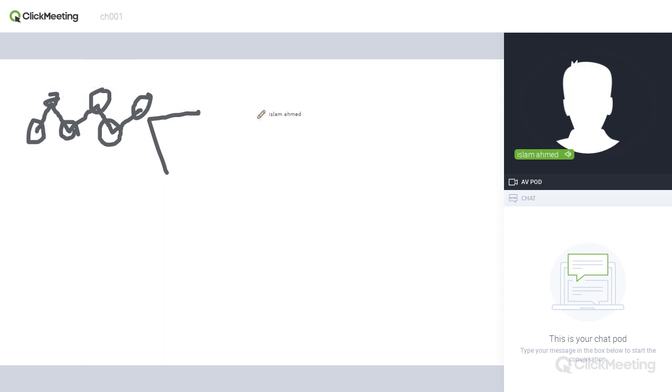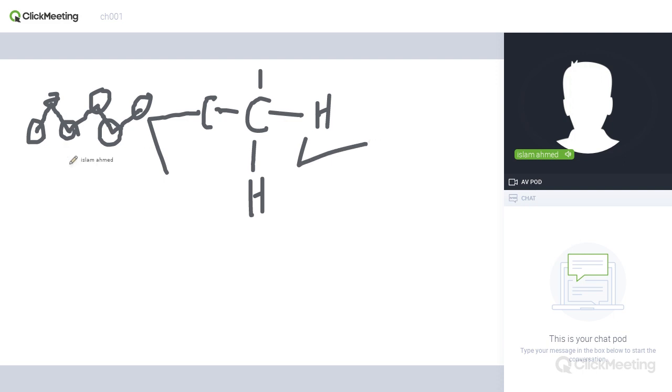Each carbon forms 4 bonds, either single or double or triple bond. So here we have the hydrogen, for example, and this is the detailed structure at the right, and at the left we have the summarized structure, which we mainly use to save time.